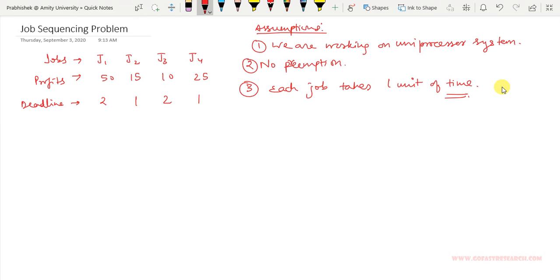Each job takes 1 unit of time, so every job is going to take 1 month only. If the deadline of J1 is 2, then it can complete its task either within the first month or within the second month. In any month it will complete its task, taking only 1 month for execution. Okay, I hope you understand this thing.